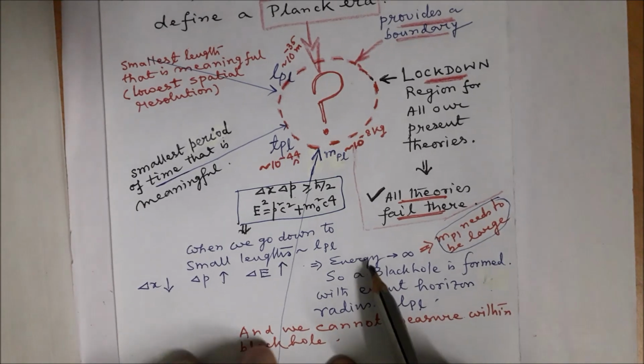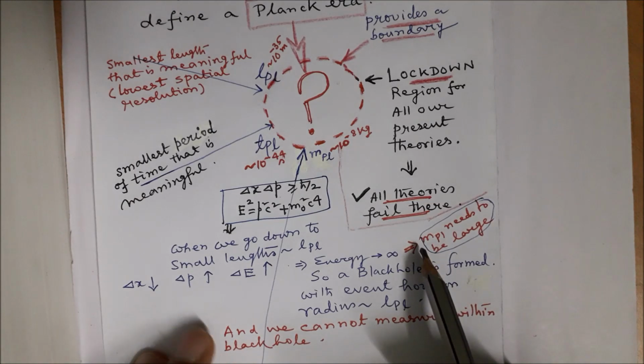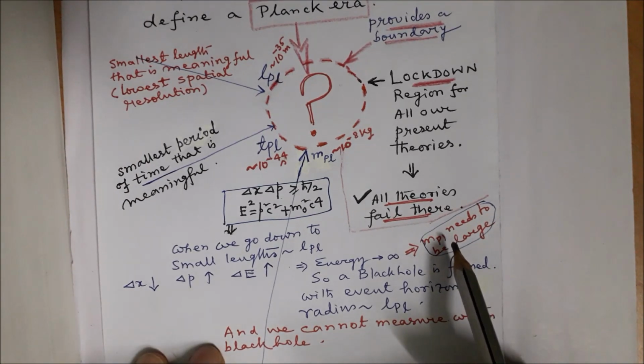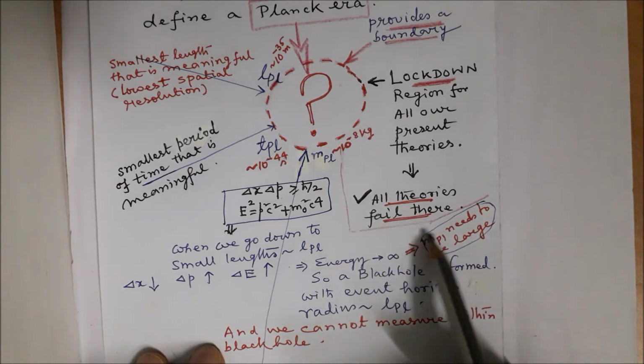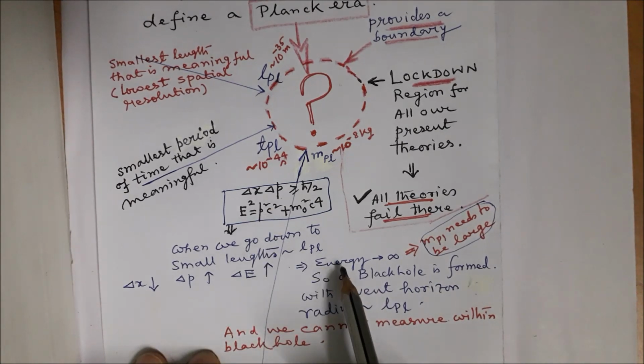Now energy infinite means Planck mass is needed to be of very large value, and as we emphasized earlier, this Planck mass is 10 to the power 19 times the proton mass. Such huge mass is necessary because of this relation, which follows directly from Heisenberg's uncertainty relation.